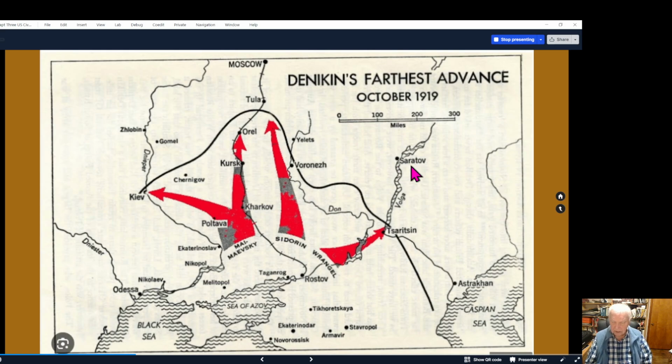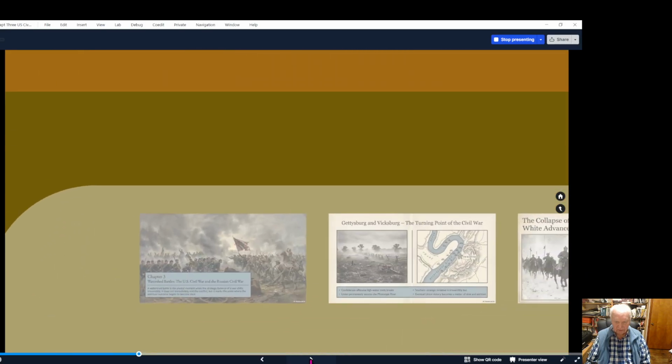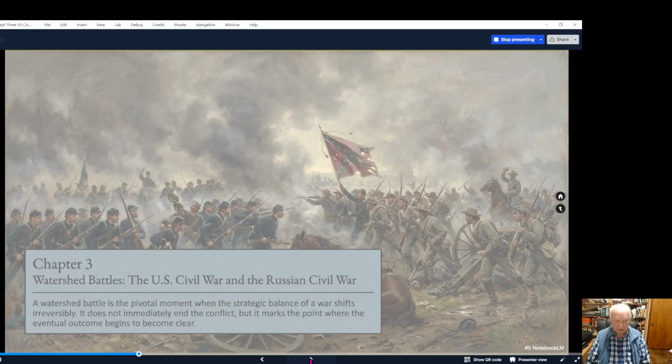This is where actually I think some of the Czech forces got as far as here. This is the Volga, and he drives here, and he fails. He's pinched off and defeated, and that's the furthest reach of the white forces. That's as close as they got to having a killing force going on, and it fails.